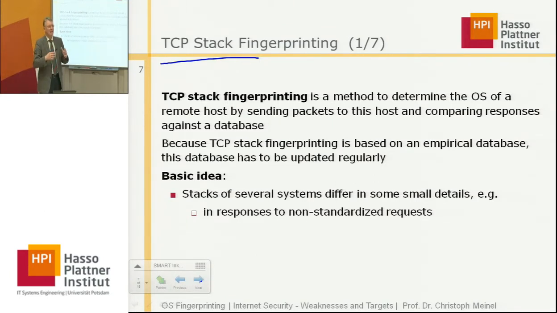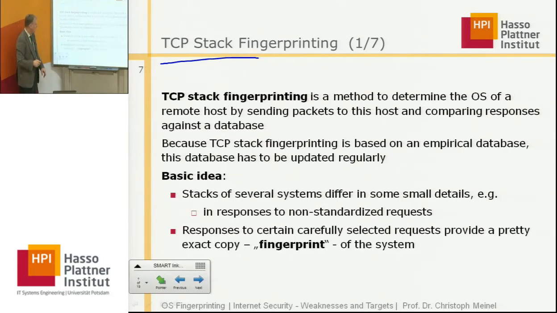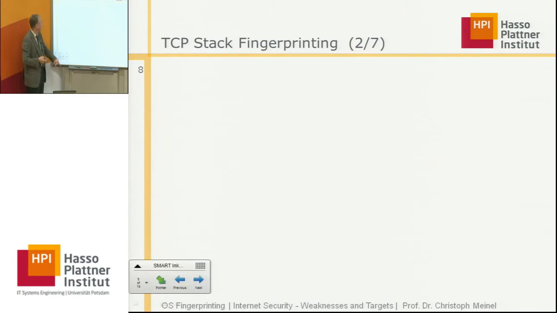For the standard request, all needs to be the same in all systems. But if you send a non-standard request, then the different implementations react typically in different ways. So these responses can be carefully selected, and they provide an exact fingerprint for such a system.